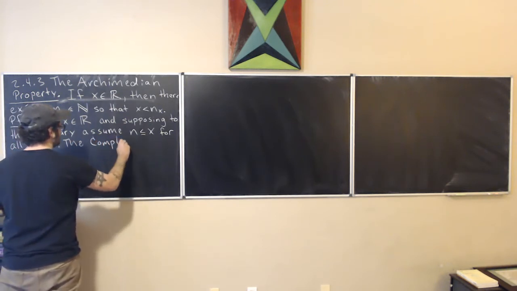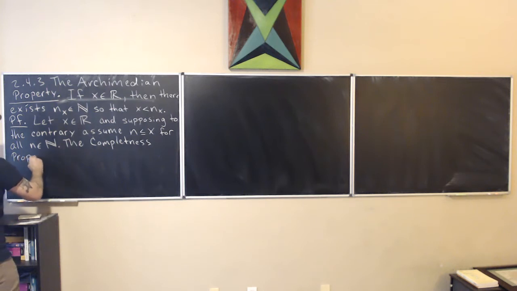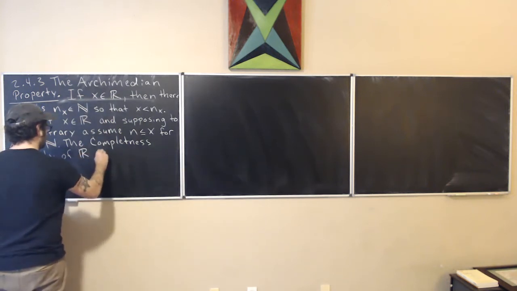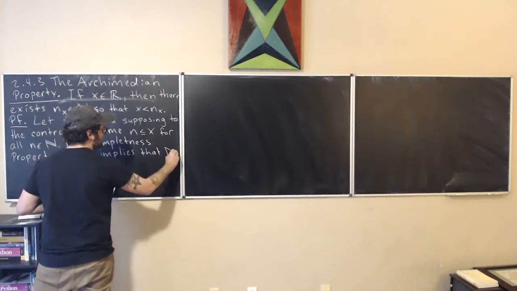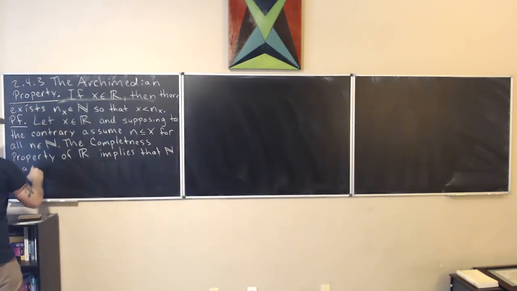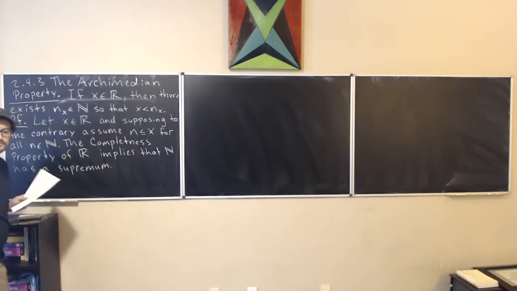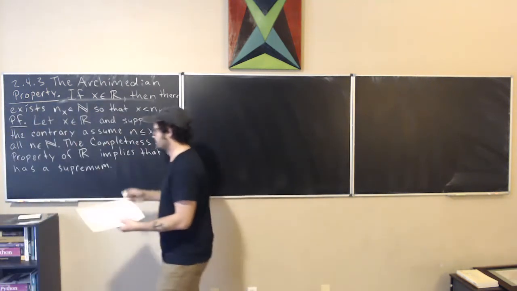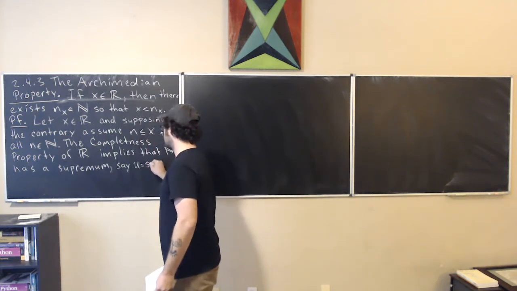So the completeness property of R implies that the non-empty set of natural numbers has a supremum since it's bounded above. Okay. Right, so let's go ahead and introduce the notation. Let's just say U is equal to the supremum of the naturals.